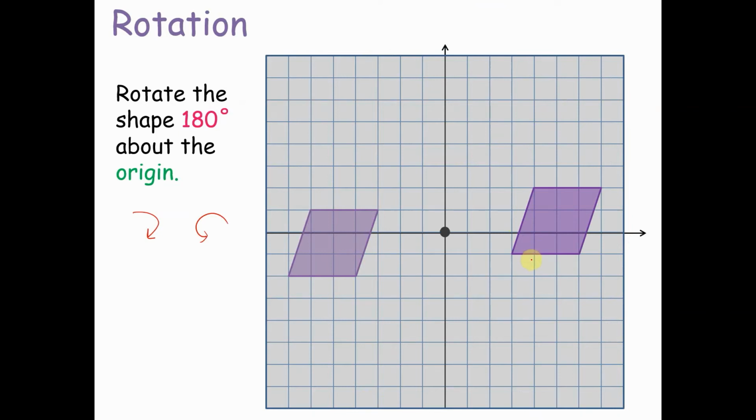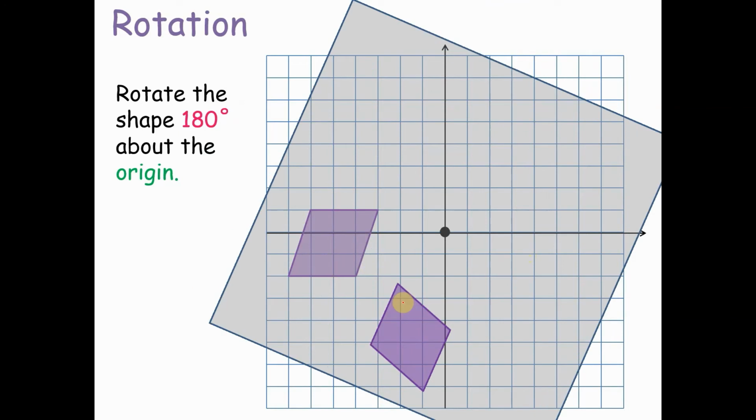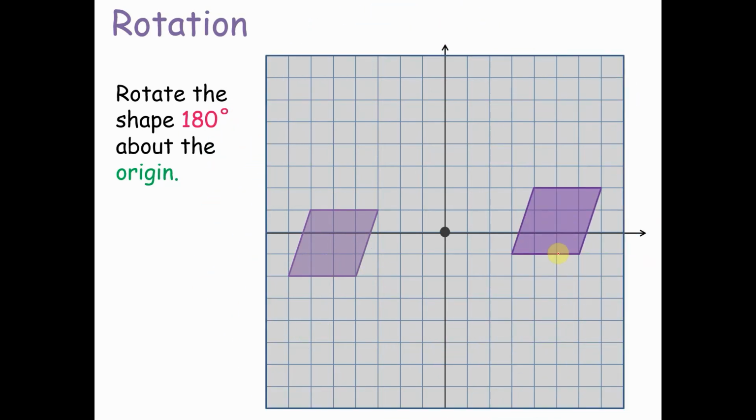So if we turn, that was clockwise. If we turn it anti-clockwise, it's the same thing. We will end up on the same image. Why? Because 180 degrees is a half rotation.